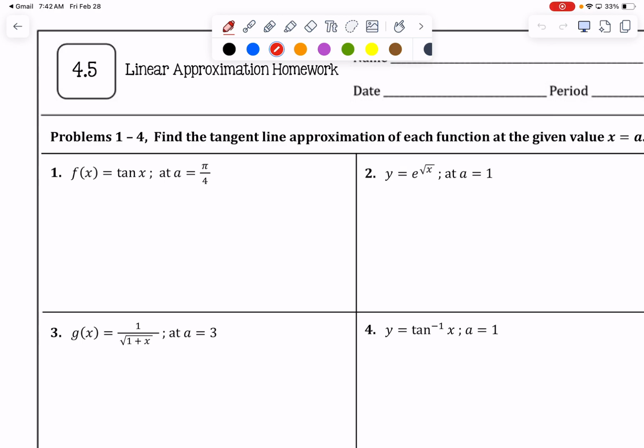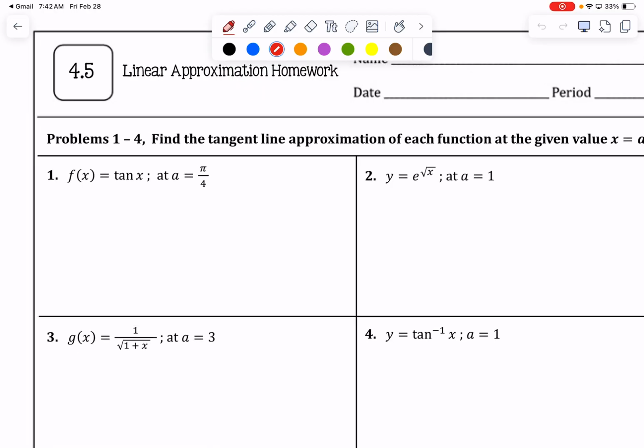Okay, here we go. We ready? Yeah. All right, this is on linear approximation. So this is section 4.5, right? Yep. All right, so here's what you do.